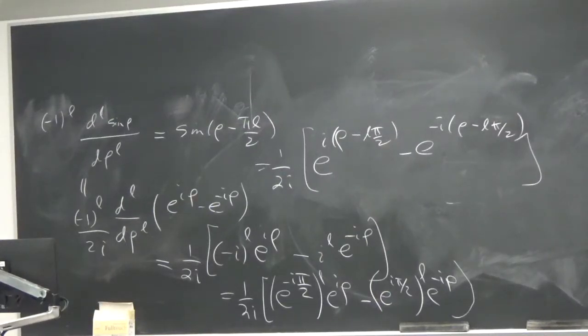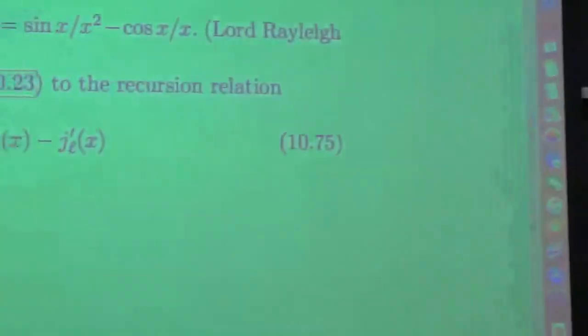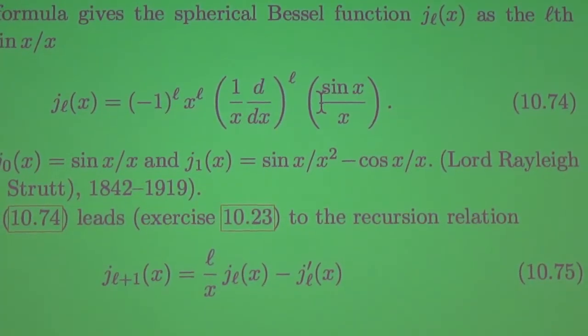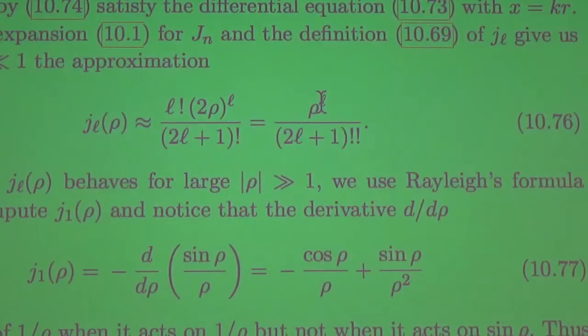In fact, it's Rayleigh's expression. If you differentiate the 1/x, you're going to get successive powers of x in the denominator, and so at large x it's going to vanish. So if you want to approximate j_L for large x, you let all the derivatives act on sine, so you have L derivatives acting on sin x.